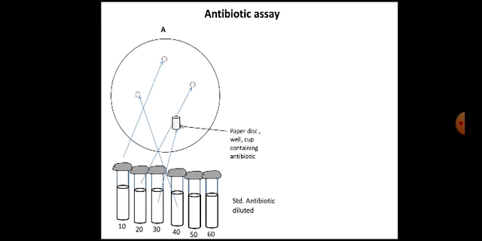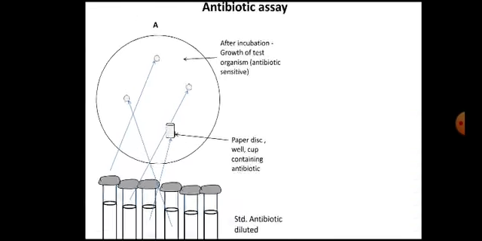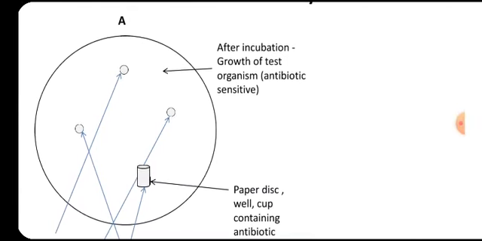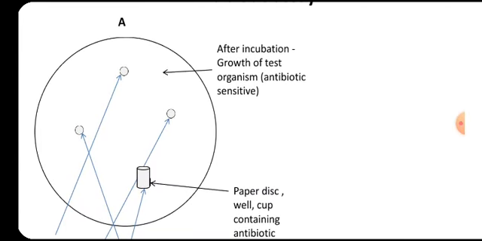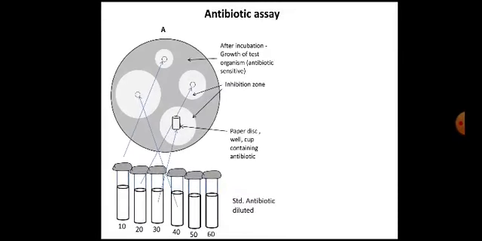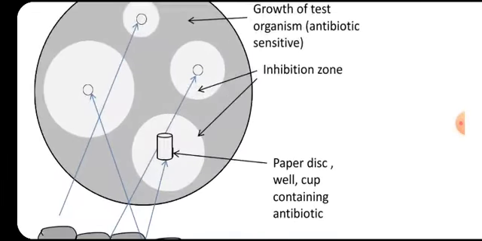After placing all these antibiotic-containing discs of different concentrations on the solidified medium, the next step is incubation. This plate is then incubated at the desirable temperature, the temperature and conditions which are favorable for the growth of the test organism, that is the antibiotic-sensitive organism. We'll get results like this.